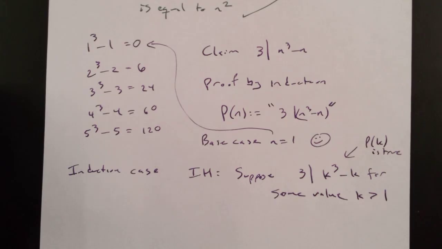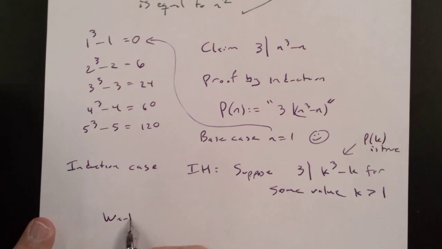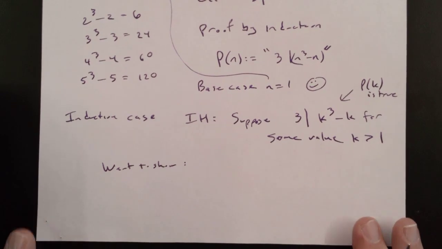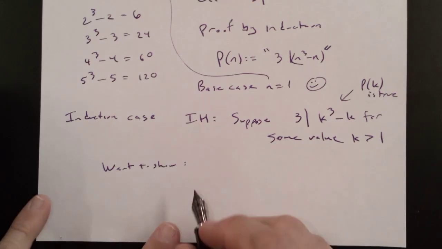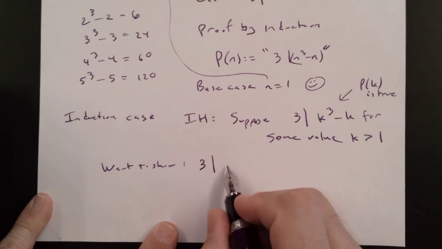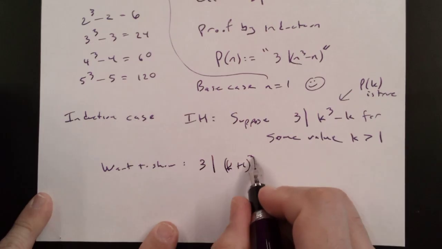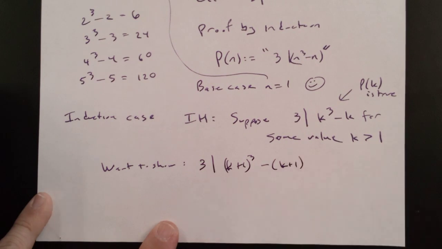What do I want to show? That it is true for the next one. 3 divides evenly into k plus 1 cubed minus k plus 1.